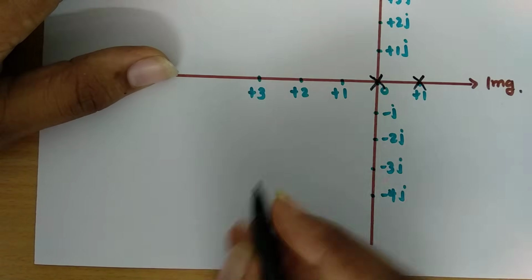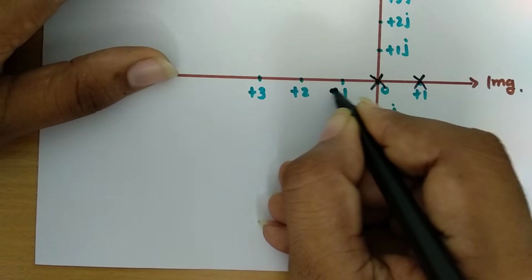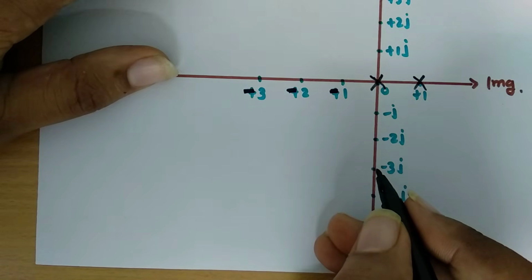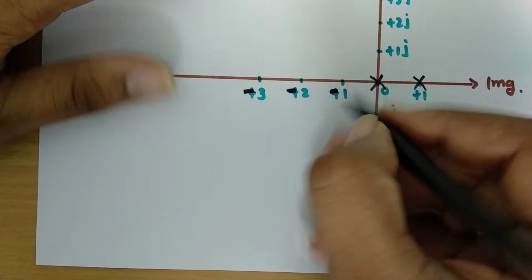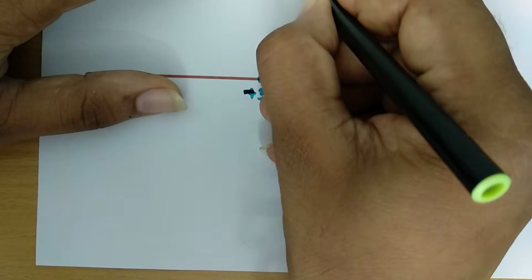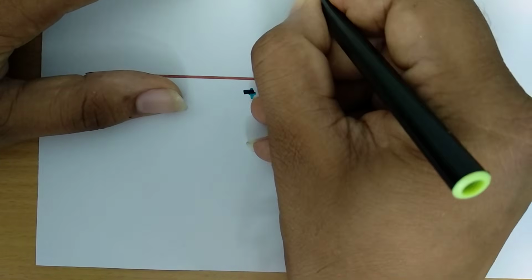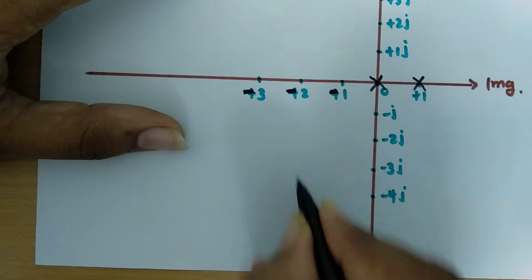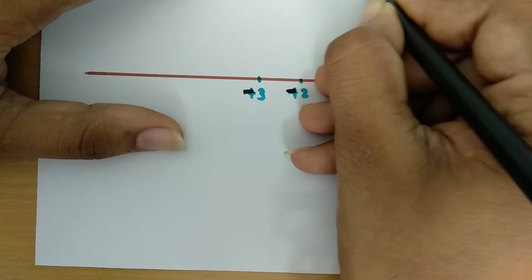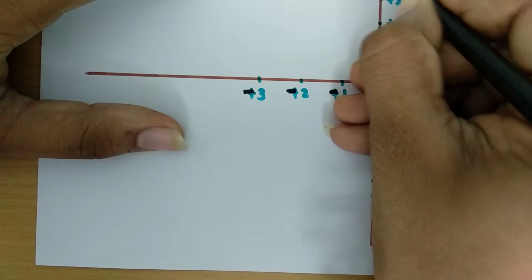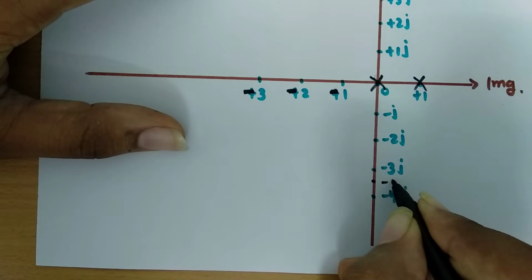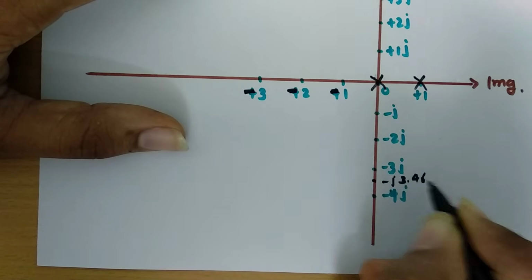Sorry, this is minus actually. So minus 2 plus j 3.46, somewhere over here. So if I say this pole is over here, and the second is at minus 2 plus j 3.46, and here minus j 3.46.